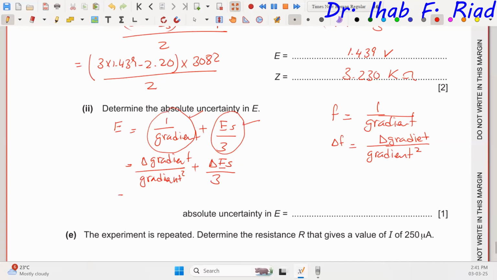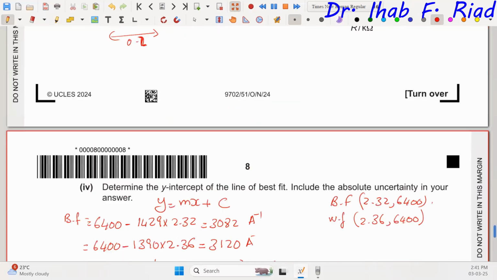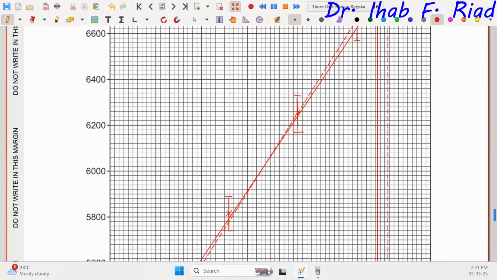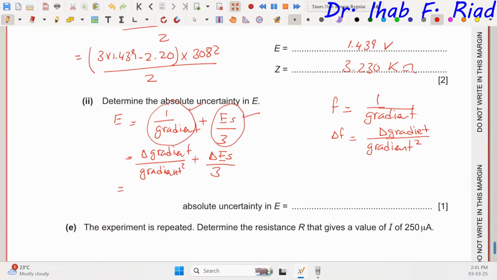Okay? Do we know what is delta gradient? Yes, we do. It was 40, right? Yes. Was it 1432 or 1429? 1429, squared, right?